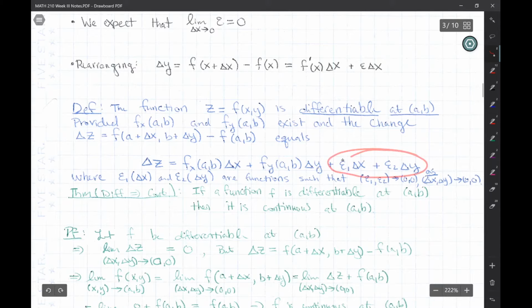So this is the failure of the function to be linear, and that these epsilons go to 0 as delta x and delta y go to 0 is basically telling you that as you get closer and closer to the point where you're evaluating the derivative, the tangent plane should become a better and better approximation, okay?